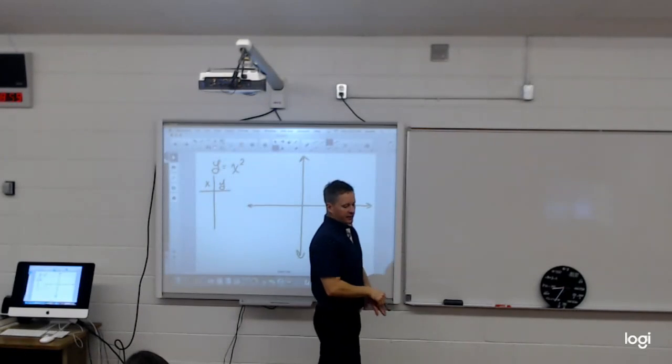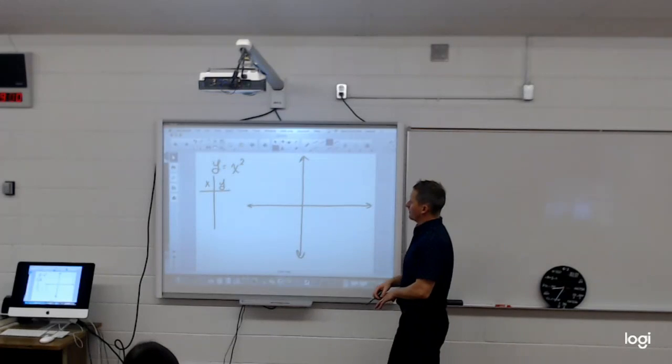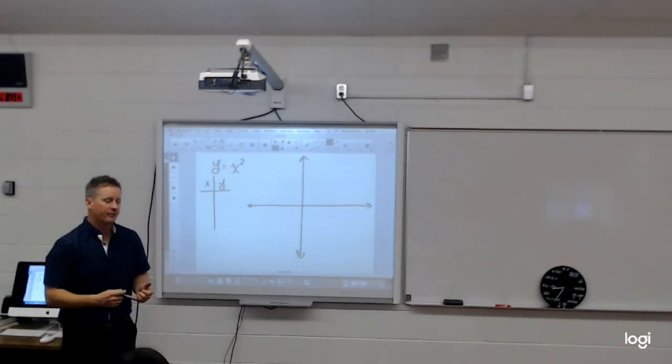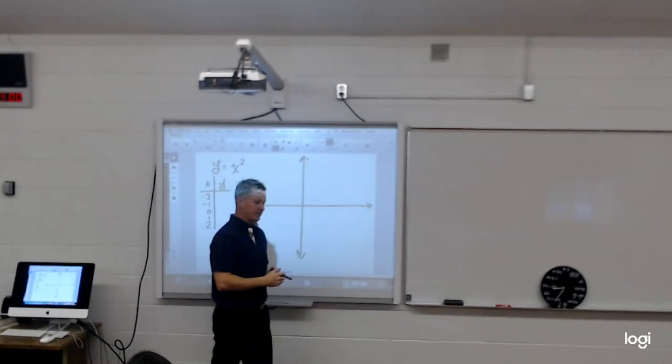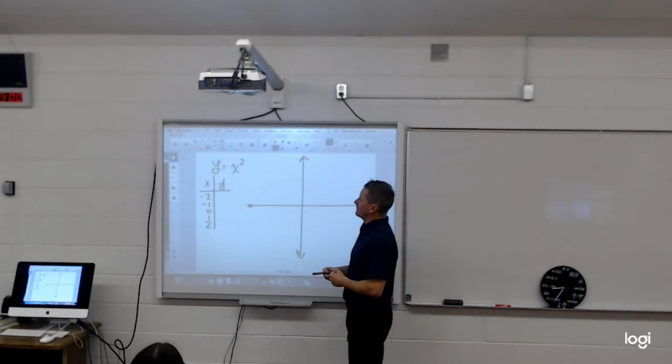I'm going to start the graph by creating a table. I'm going to put in values on this table, and you're going to get to see the idea behind what a parabola looks like. I'm going to start with x equal to minus 2, minus 1, 0, 1, and 2. Now I stick them into my equation.